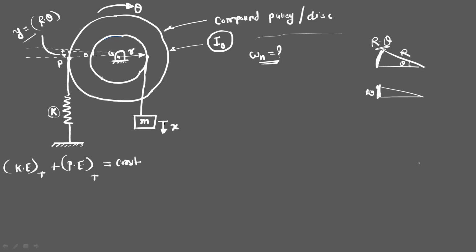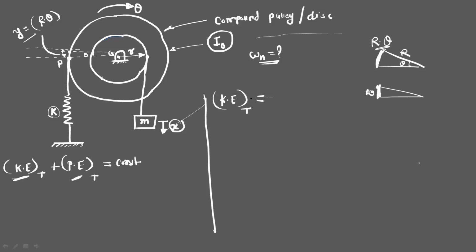The mass m has the displacement X. Why do we need this X displacement and Y deformation? We have to use these in the equations of kinetic energy and potential energy. So now find the kinetic energy for the entire system, the kinetic energy of the total system.